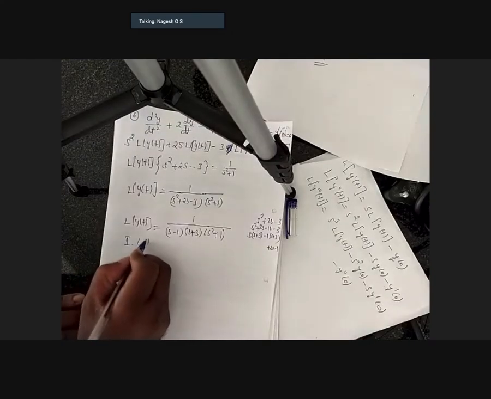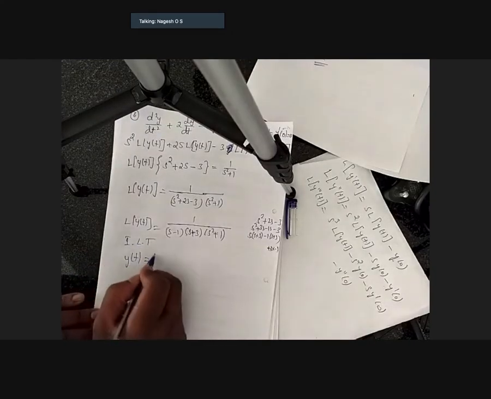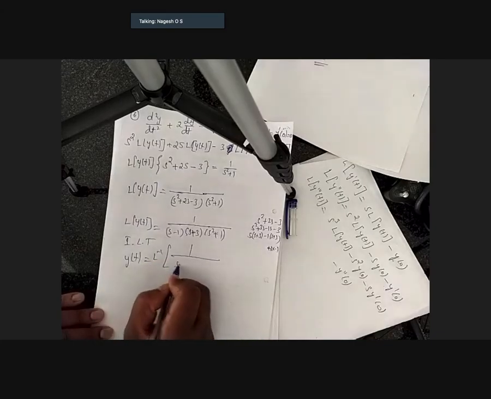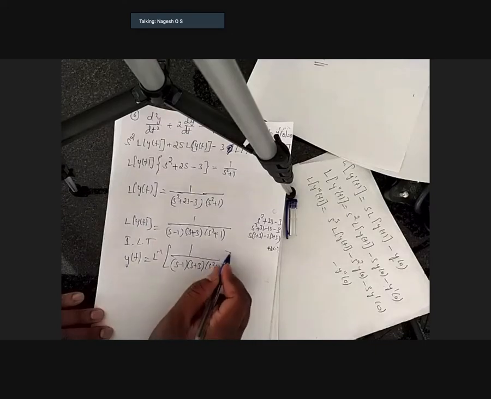Next, inverse Laplace transform: y of t equal to Laplace inverse of 1 by s minus 1, s plus 3, s square plus 1.